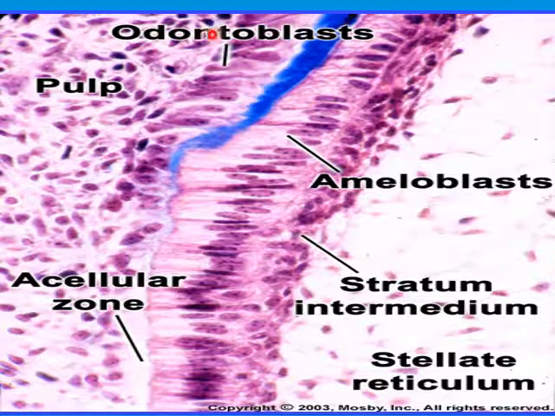This histological picture shows the differentiated odontoblast, and this is the pulp, and this is the beginning of the secretion of the predentin, in blue color. These cells become ameloblasts; before that they are the inner enamel epithelium, and adjacent to the ameloblasts are the stratum intermedium and stellate reticulum, which are other layers present in the enamel organ. Here is the odontoblast, while here are still undifferentiated mesenchymal cells of the dental pulp.